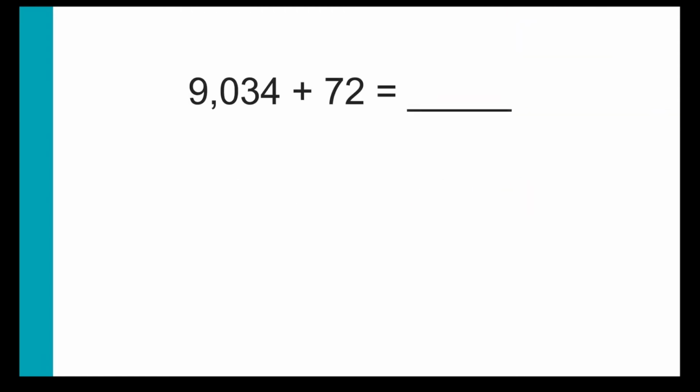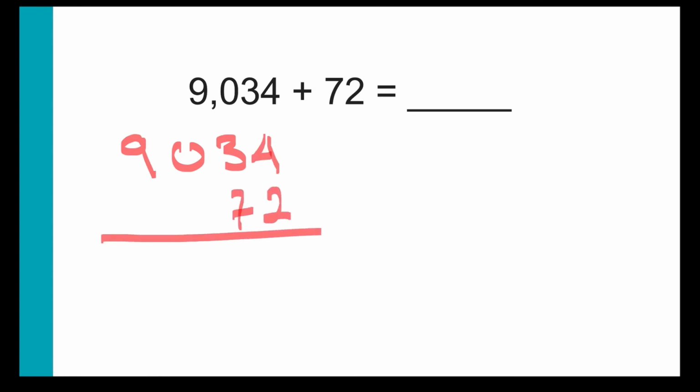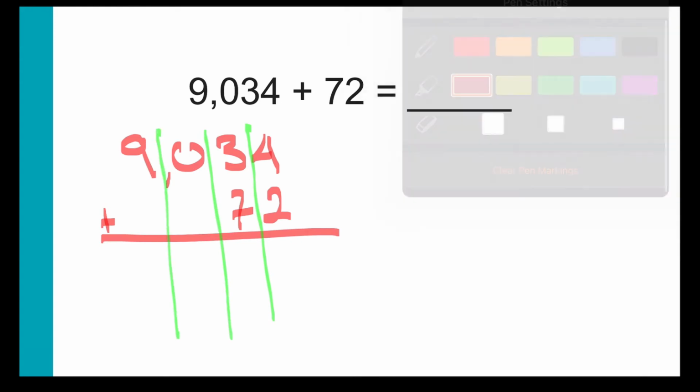All right, so now we have bigger numbers and smaller numbers. Line up all the values, all the placeholders, sorry, so that ones are in line, tens are in line, hundreds are in line, and thousands are in line.